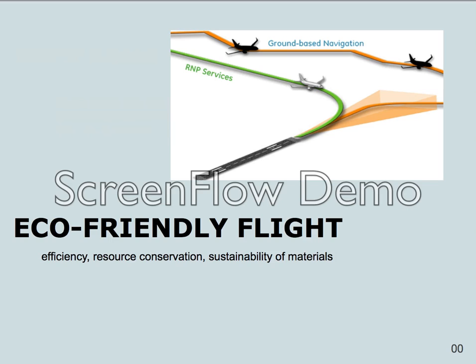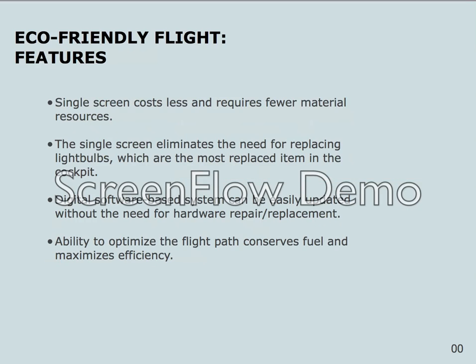So one aspect of this is that the screen means less manufacturing costs and materials for the different components of what the screen's replacing. Another thing we learned was that the light bulbs are actually the most replaced item in the cockpit, and the screen eliminates the need to replace light bulbs behind the lights of the different dials and that sort of thing.